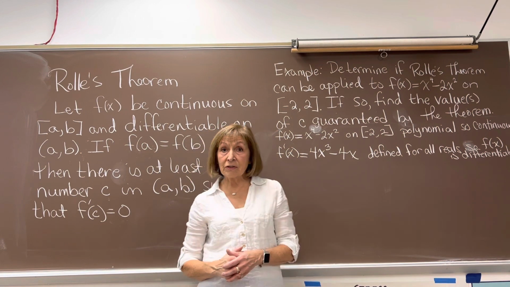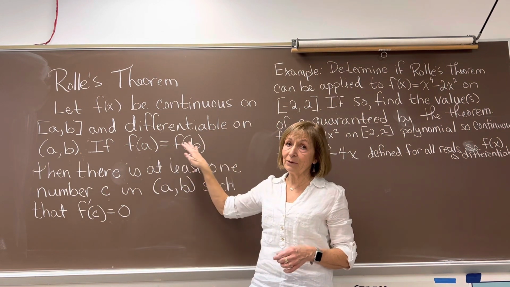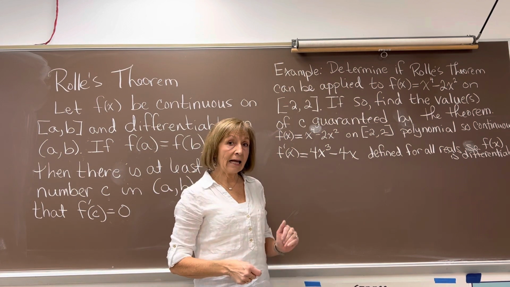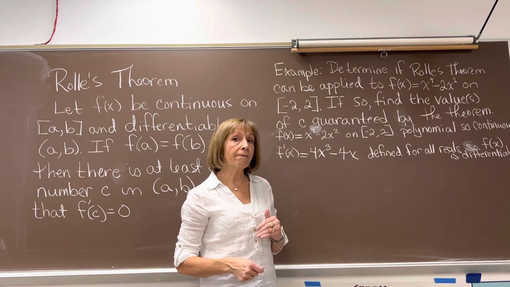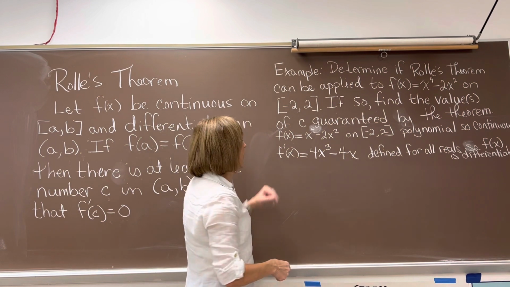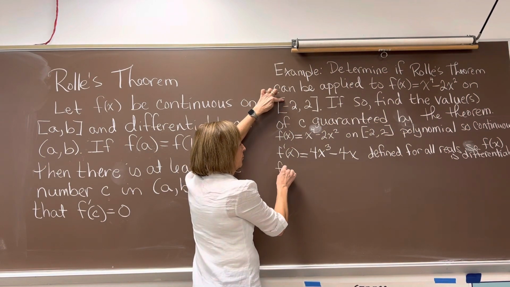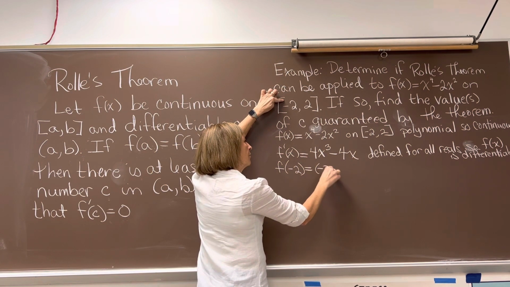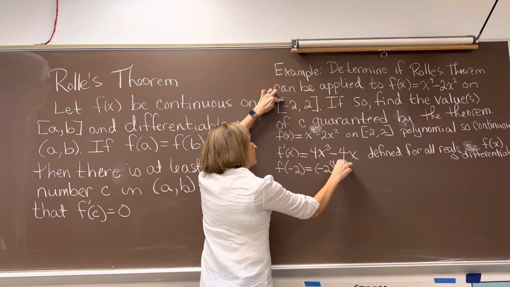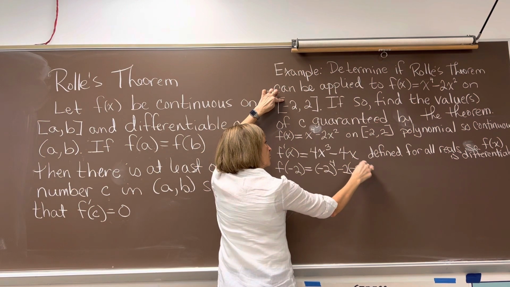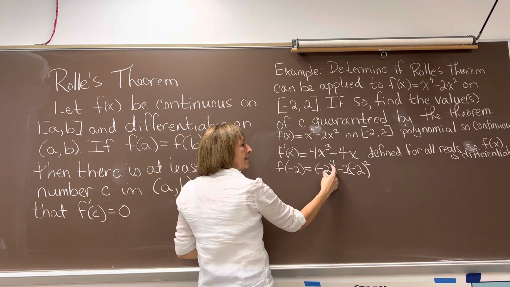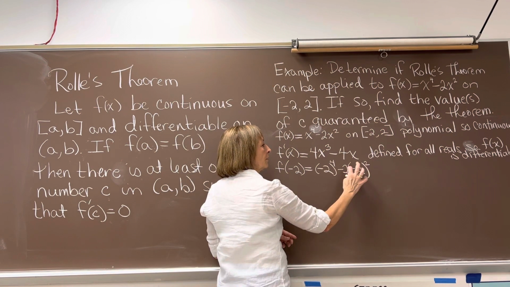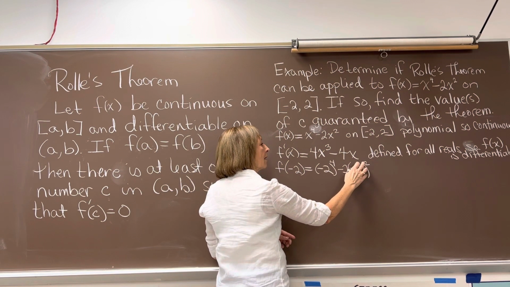Next up, for Rolle's theorem, we have to check that f of a is equal to f of b. So a is your left endpoint, so we're going to evaluate the function at the left endpoint. So f of -2 is -2 to the fourth minus 2 times -2 squared. Well, that's 16 minus, and then -2 squared is 4 times 2 is 8.